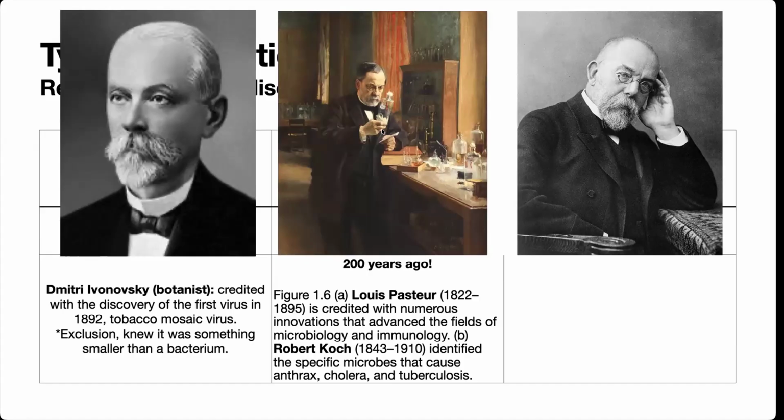Louis Pasteur developed a lot of different techniques for studying our different microbes. And Robert Koch actually spent more time identifying the specific microbes that caused all of these different conditions that people were suffering from, like anthrax, cholera, and tuberculosis. So pretty cool 200 years ago.